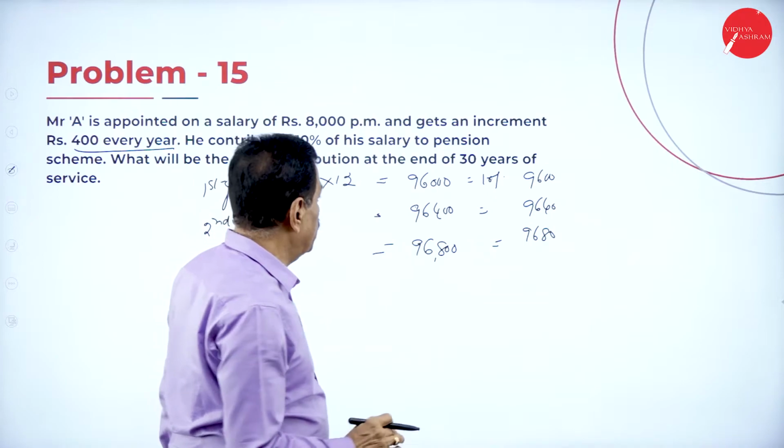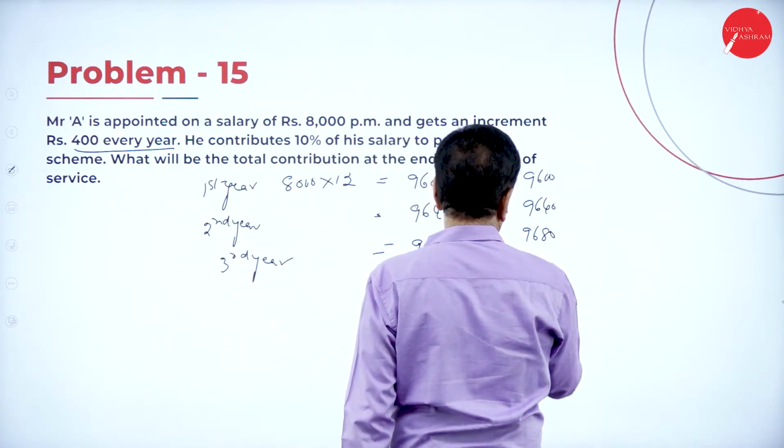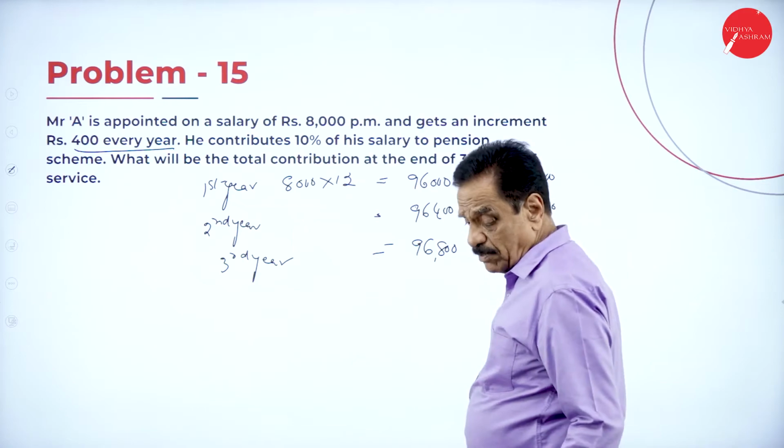So here how much goes now? 9,640, 9,680. It will go like this.